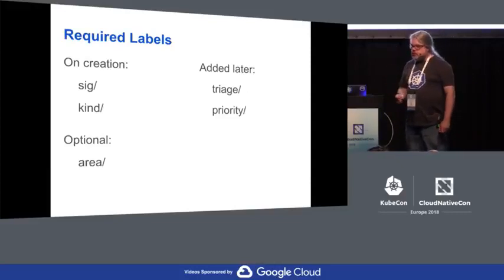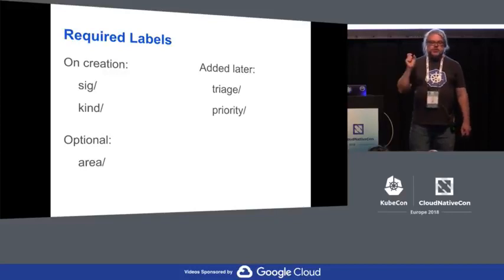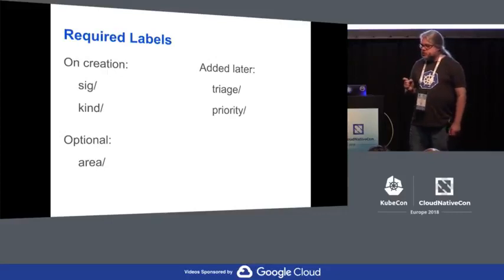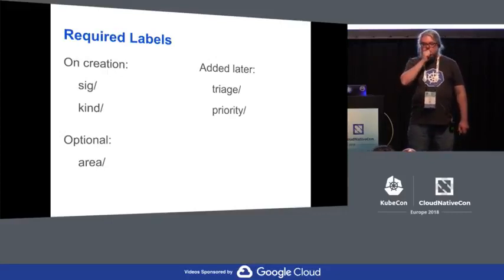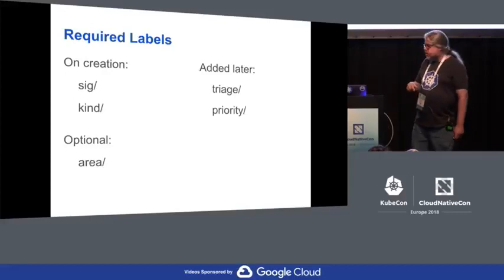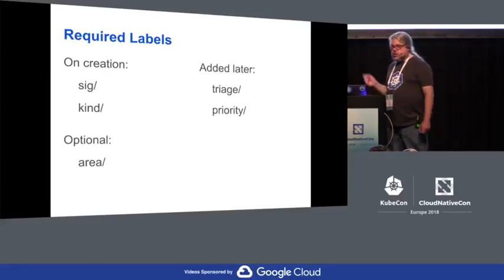So when you file an issue, 2 labels are required immediately, which is a label assigning that issue to at least one SIG. You can also assign it to multiple SIGs. And that's SIG slash. And a label assigning it to a kind.